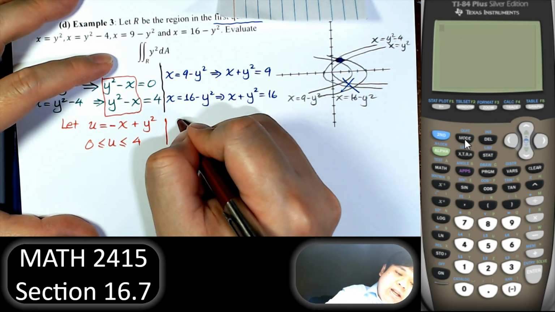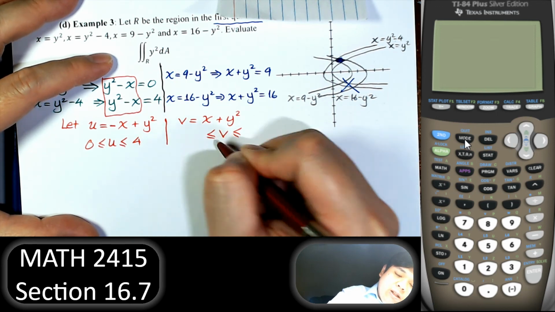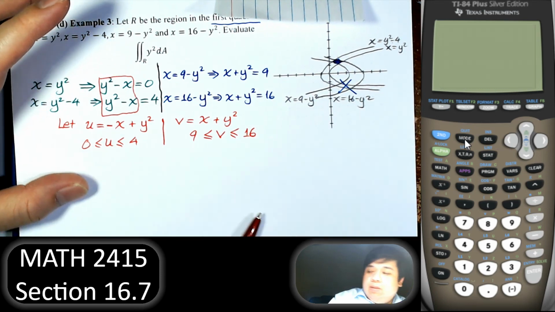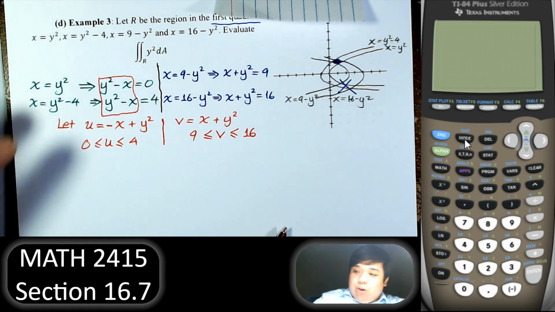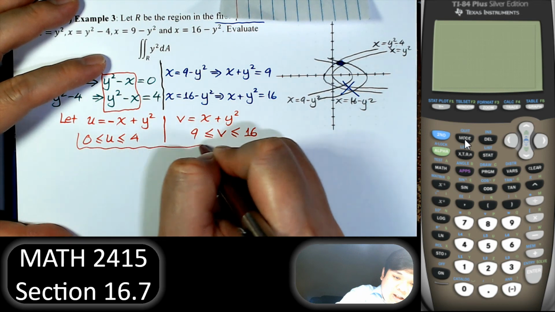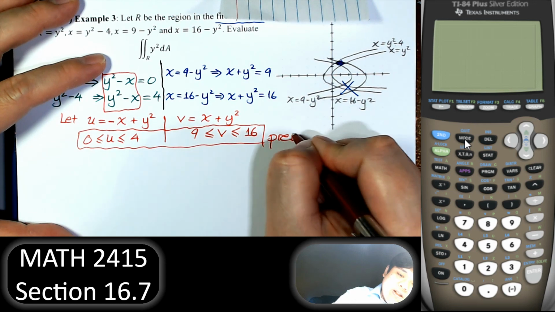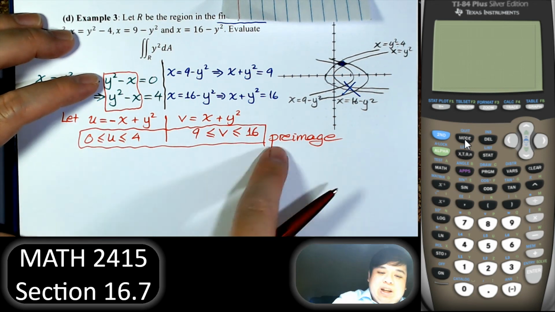Now from here, we can let v be x plus y squared. In that case, v will be between 9 and 16. Right. So suddenly what we have here are the limits for u and v, which is the pre-image. So in the change of variables theorem, we certainly can put in the limits for u and v as follows.